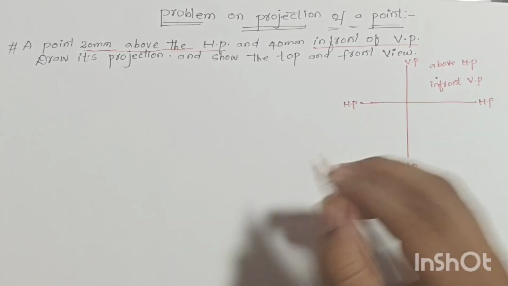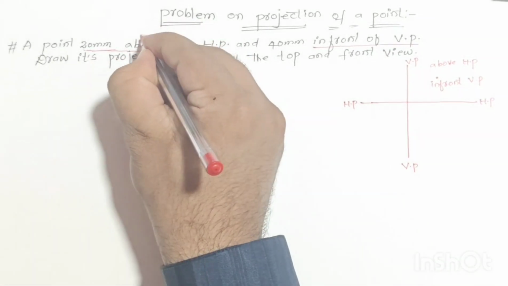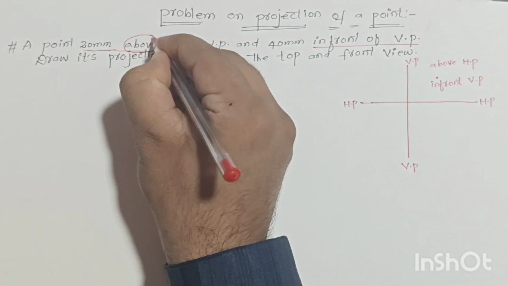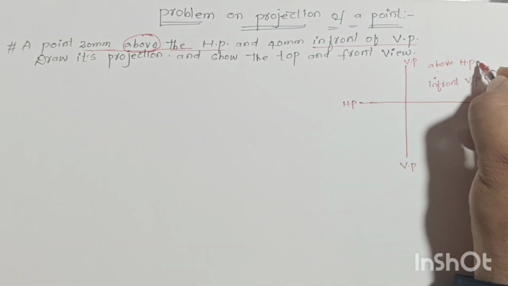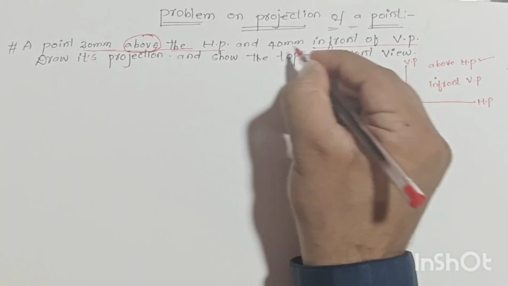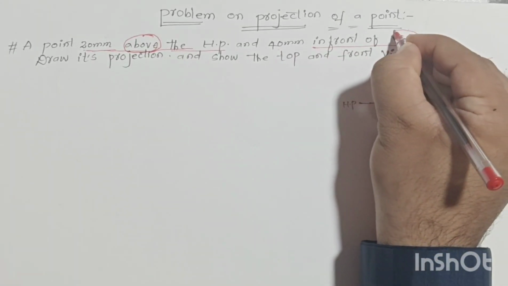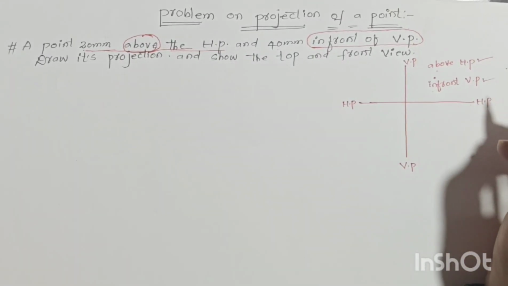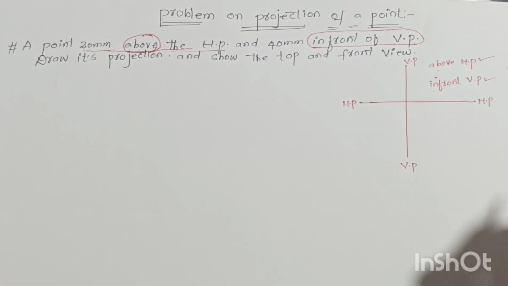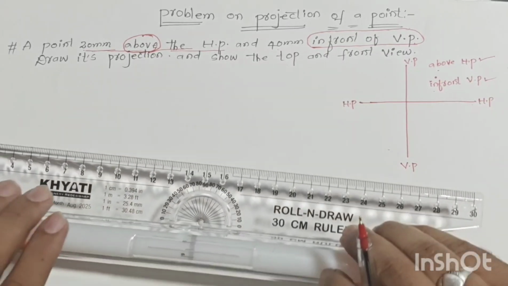So let us see in this question, above the horizontal plane, 40 mm in front of the vertical plane. It lies in which quadrant here? First quadrant. Is it right? For the first quadrant we have the formula VP by HP.